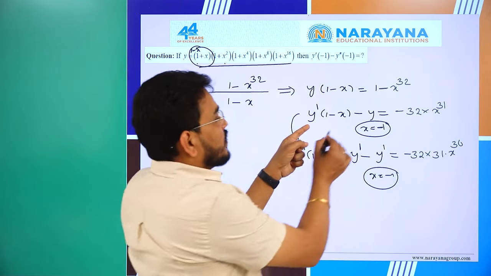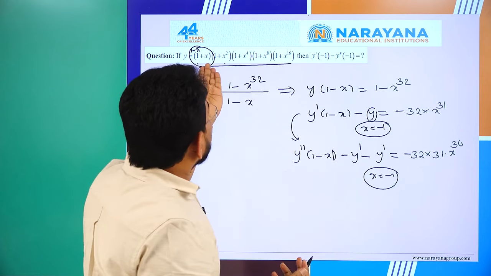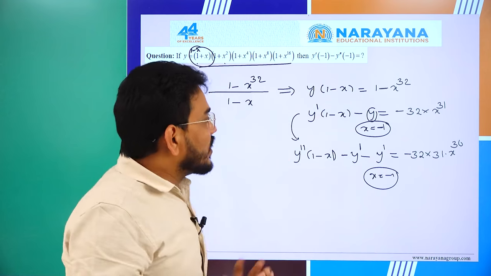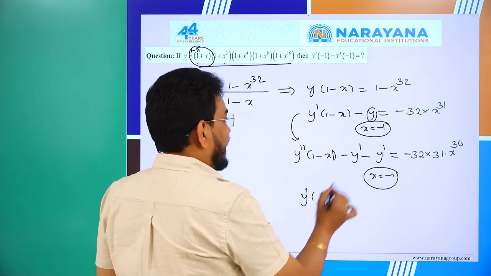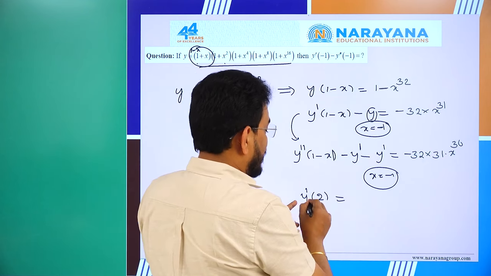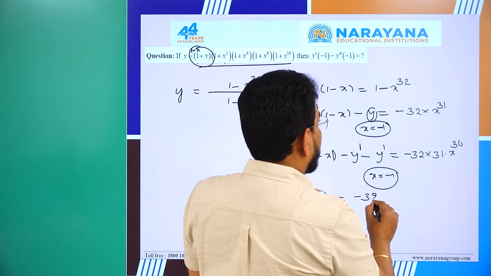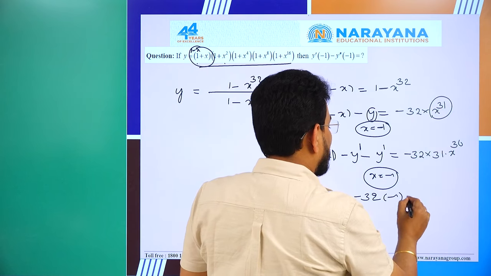And you may ask, sir, what is the y value here at x is equal to minus 1? The y value clearly at x is equal to minus 1 is y equal to 0. So from here, y dash into 2 is equal to minus 32 into x to the power 31 at minus 1, so minus 1.